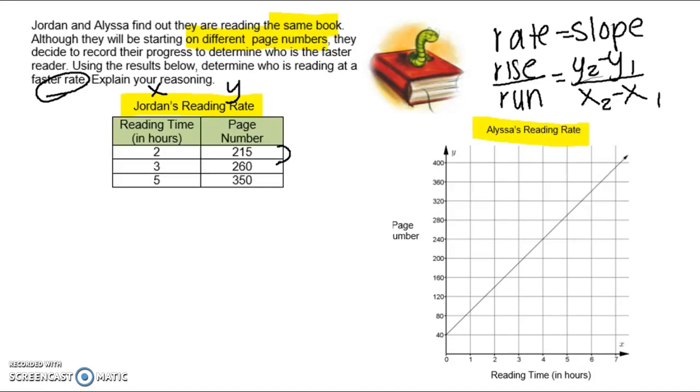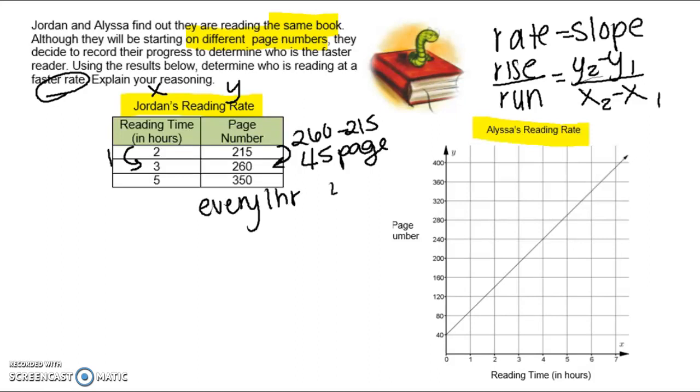So let's look at this. From hour 2 to hour 3, he goes from 215 to 260. So I could subtract that. So 260 minus 215. He read 45 pages when he went from hour 2 to hour 3. So every 1 hour, he reads 45 pages.